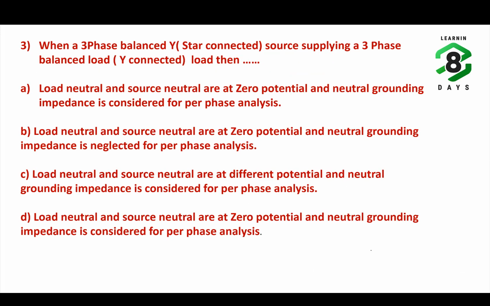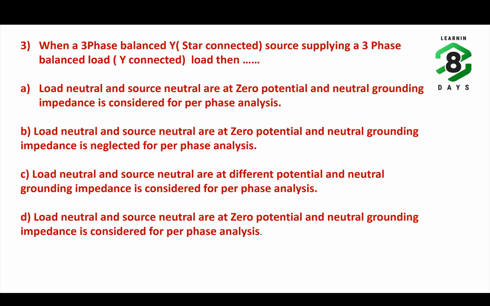When a three-phase balanced star connected source is supplying a three-phase balanced star connected load, there are four options. Load neutral and source neutral are at zero potential and neutral grounding impedance is considered for per phase analysis.